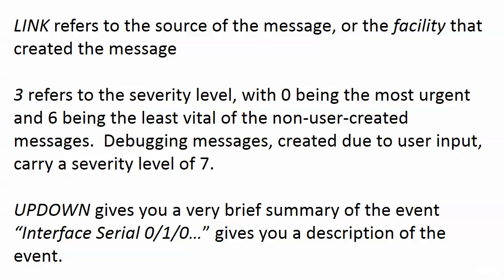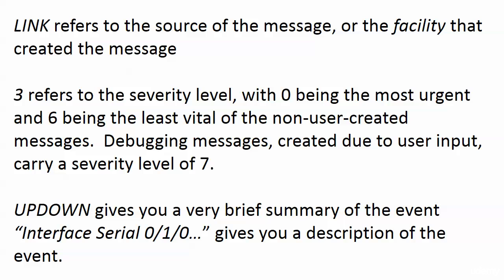Well, debugging is really created due to our input. We are asking for this information. We're saying debug IP packet, give me this info. Those messages are going to have a severity level, again, of 7. And 0 is the most urgent. When you see 0, you got big problems. We're going to talk about that in just a moment.